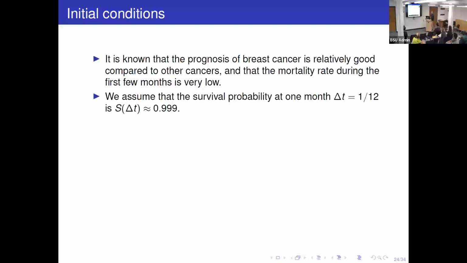And then what we have assumed here, and it is open to debate, is that the survival probability at the first month is going to be around 0.999. The choice is relatively robust as long as you don't go too far. Of course, if you say 0.1 instead of 0.99, you will obtain completely different results. But as long as you have a high survival at the initial time, it is not going to be too different.